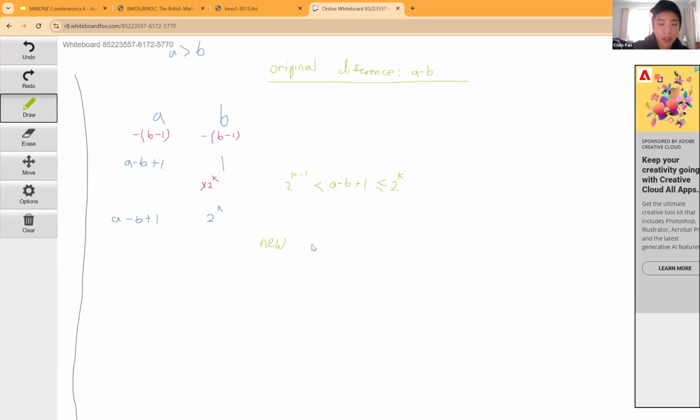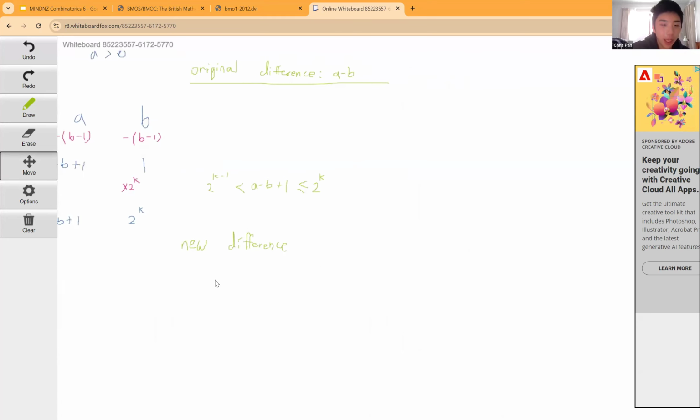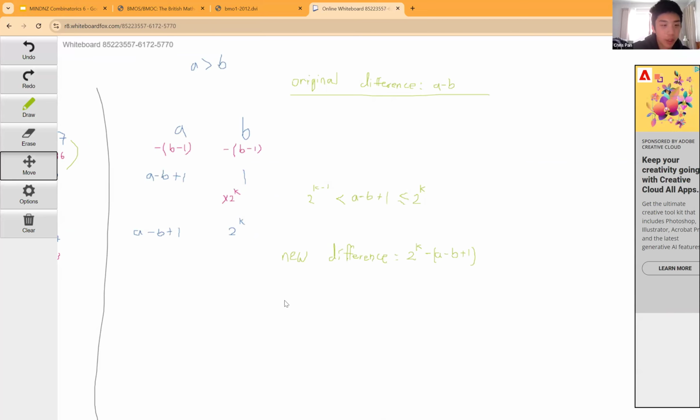is a minus b. And our new difference, well, we know that 2 to the k is larger than or equal to a minus b plus 1. So we'll put that number in front. Well, okay, it's 2 to the k minus a minus b plus 1, right?